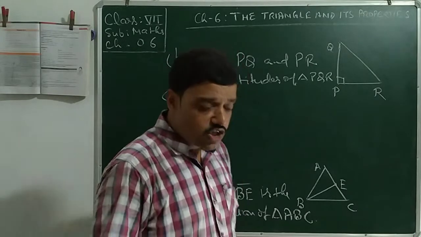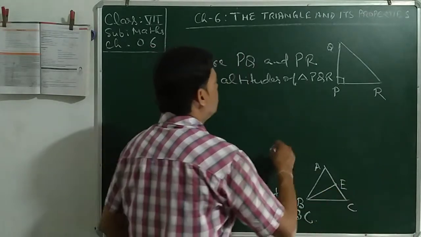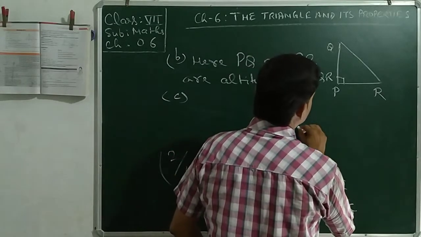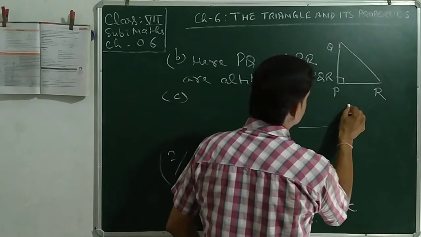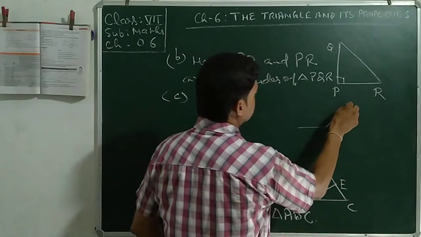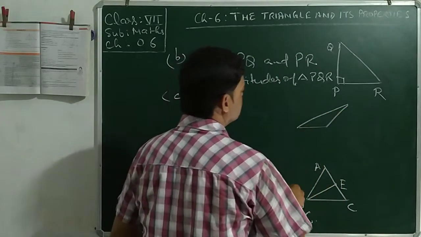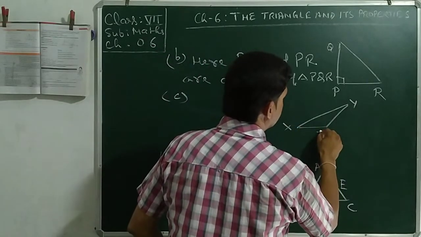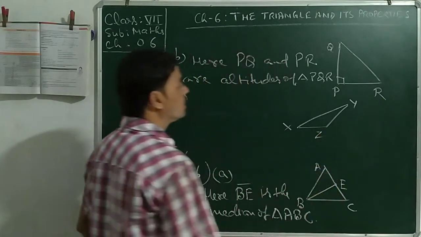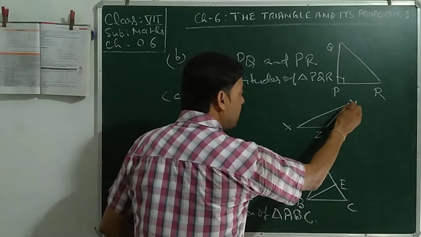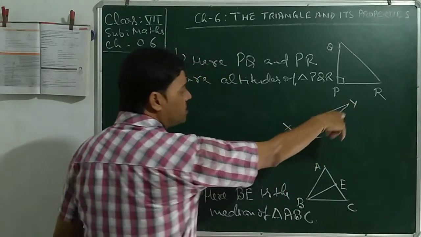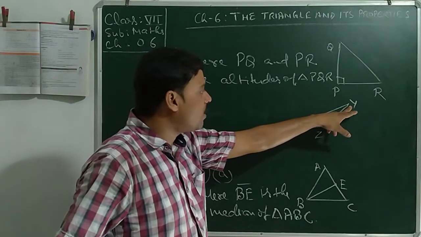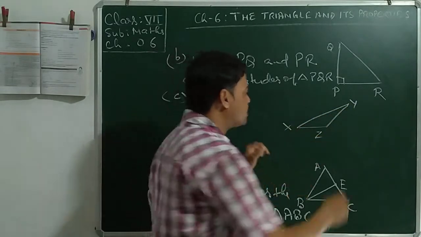To find the altitude in the exterior of the triangle, let me draw the obtuse angle triangle X, Y, Z. To draw the altitude YL, we need to produce the line segment from Y over this side XZ.